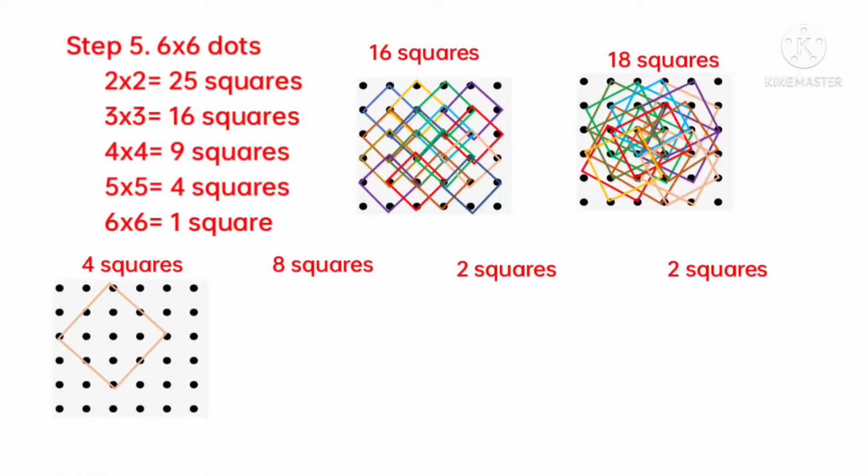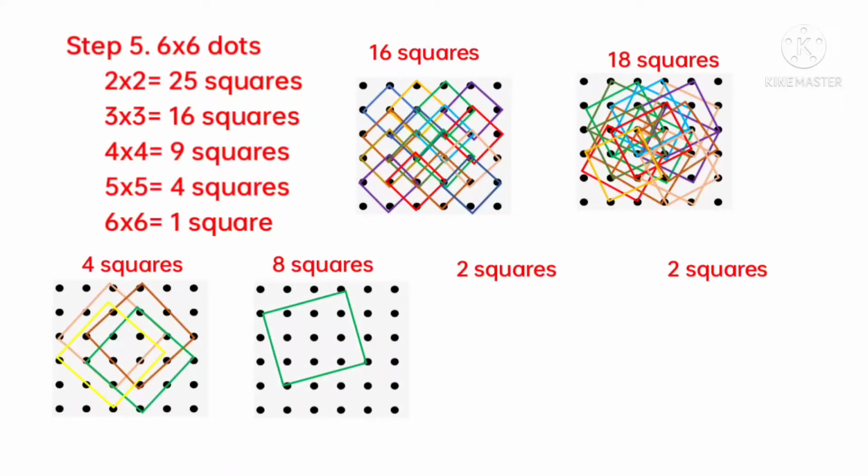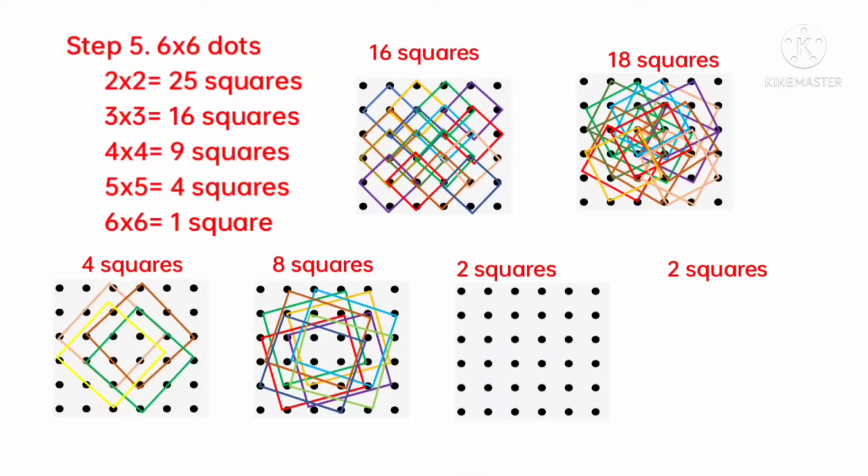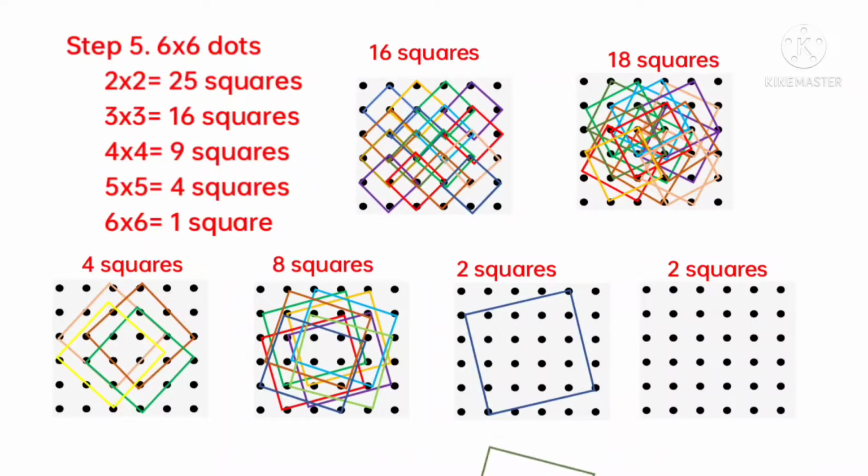Sa susunod na size is may 4 tayong square na mabubuo: 1, 2, 3, and 4. Sa next size naman, may 8 squares tayong mabubuo: 1, 2, 3, 4, 5, 6, 7, 8. Then, sa susunod is may 2 squares: 1, 2. Sa susunod is may 2 na naman: 1 and 2.